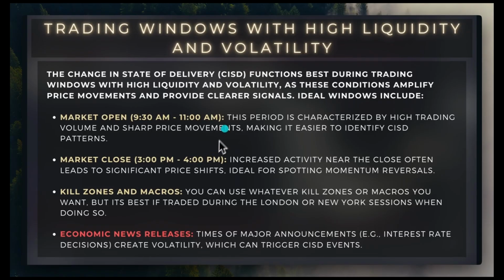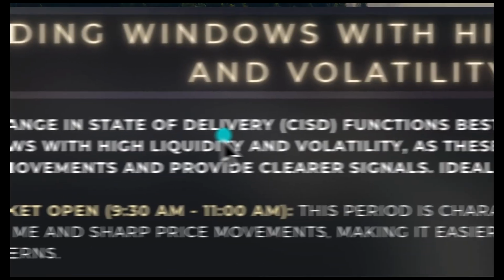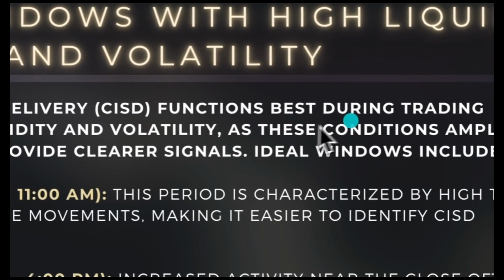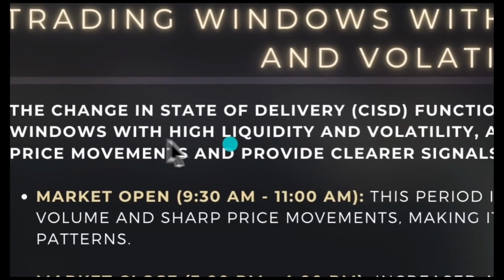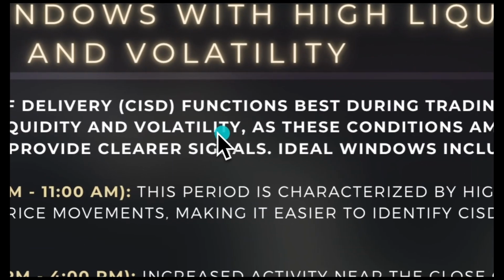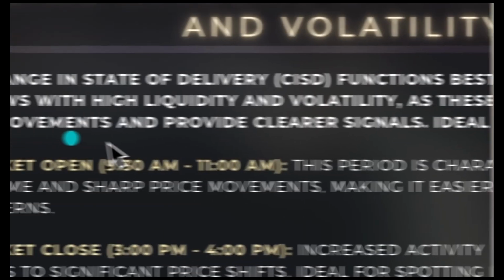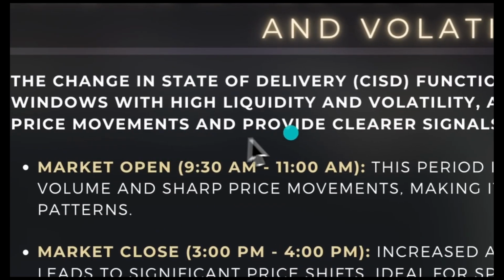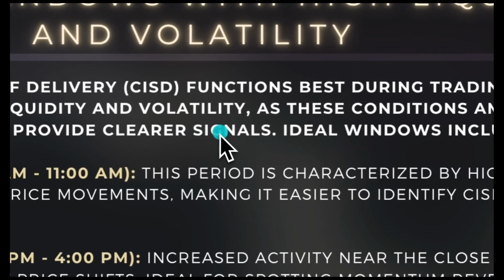Okay, trading windows with high liquidity and volatility. The change in state of delivery functions best during trading windows with high liquidity and volatility, as these conditions amplify price movements and provide clear signals.